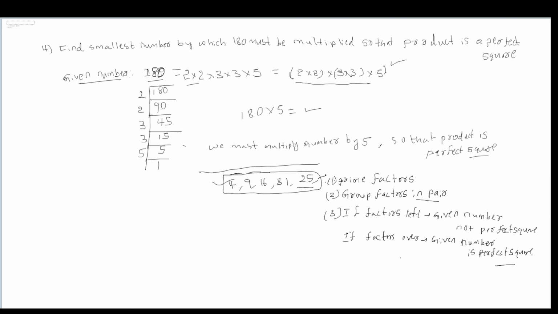Okay, these are the things we have studied. Then you have to take one factor from each pair to find a number whose square is the given number.